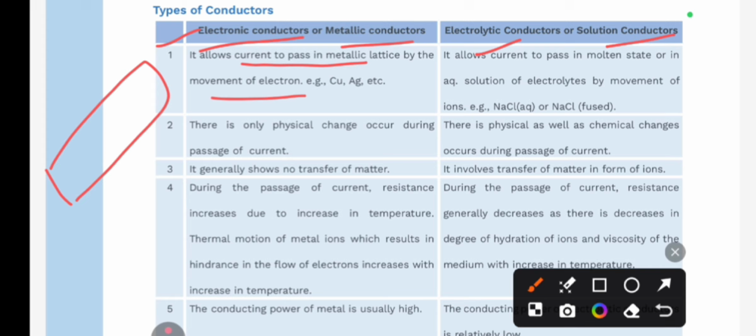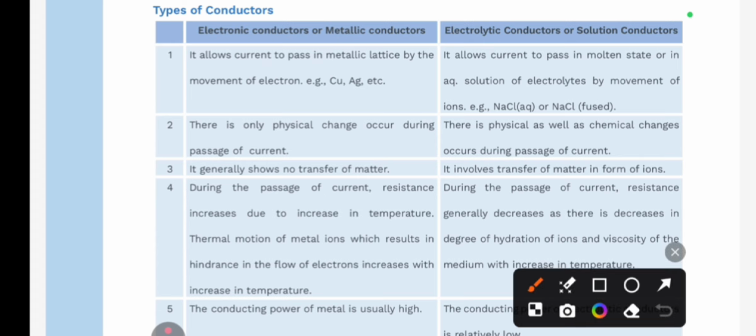Electronic conductors means the current flows due to the movement of electrons. And in electrolytic conductors, where you have taken an electrolytic solution, current will pass due to the movement of ions. So definitely you have to take a solution of electrolytes.